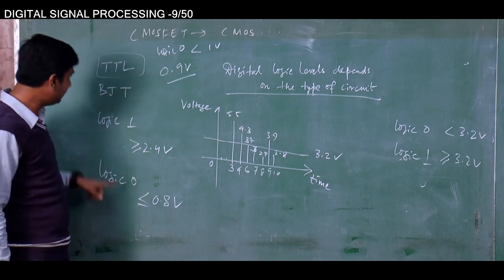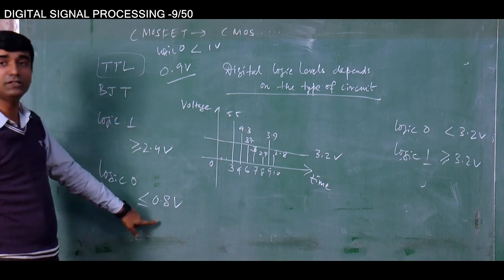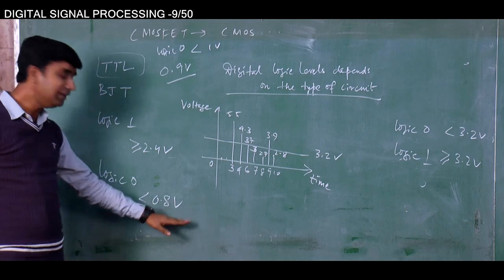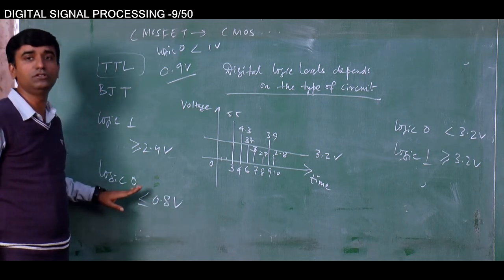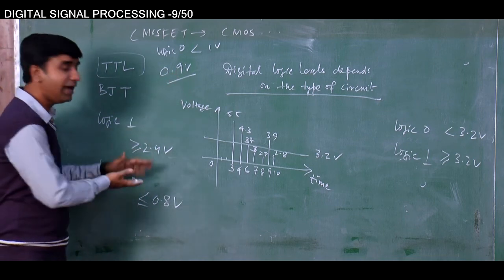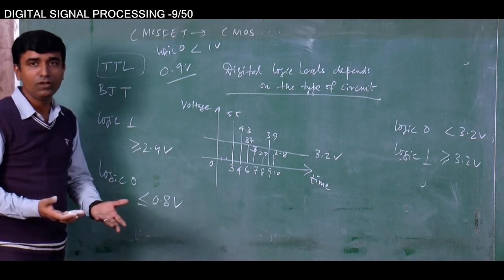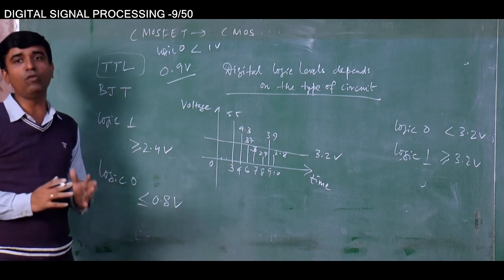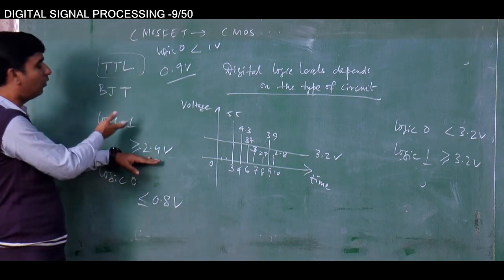But if you are using TTL logic which uses BJTs, it will not take it as logic 0, because by that definition only less than 0.8 is logic 0. So 0.9 for that type of circuit will be treated as a high Z state voltage. It will not work. So that is why it is very important to understand. Here anything above 2.4 volt is logic 1.